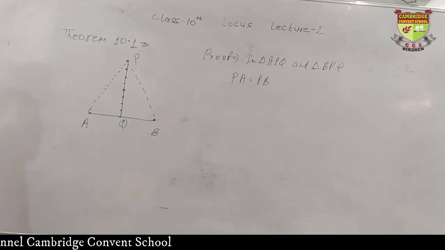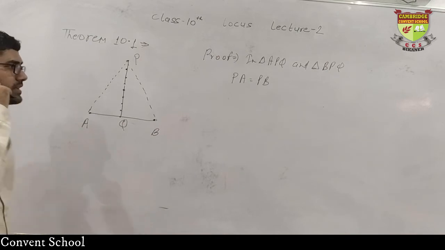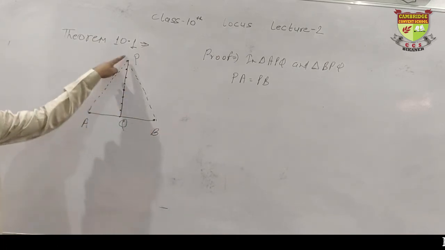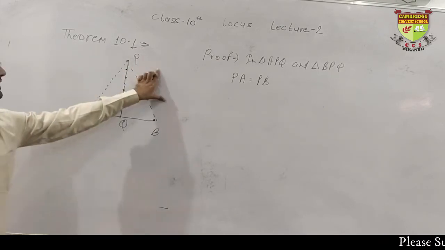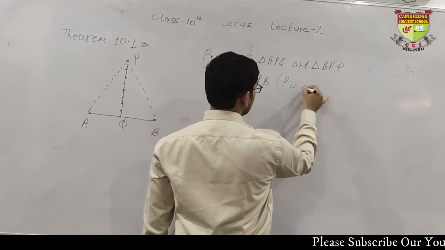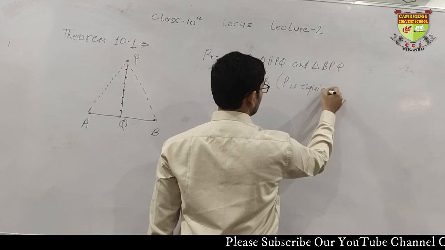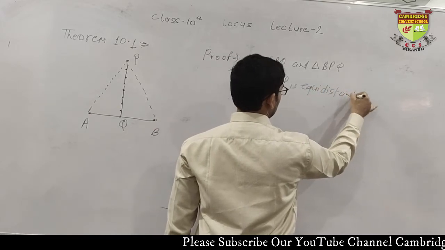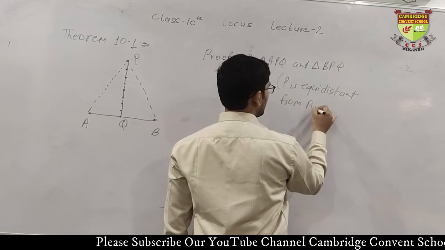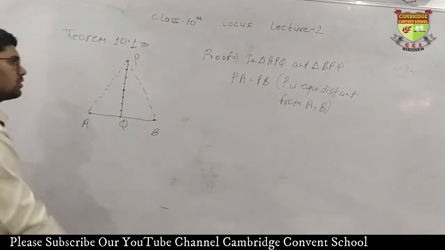Basically, we can say it was given, we did not write it in the given section, but it was given. How? Because we know that the locus of A and B can be P, because this distance and this distance are equal. So we can write P is equidistant from A, B. P is at equal distance from A and B also.